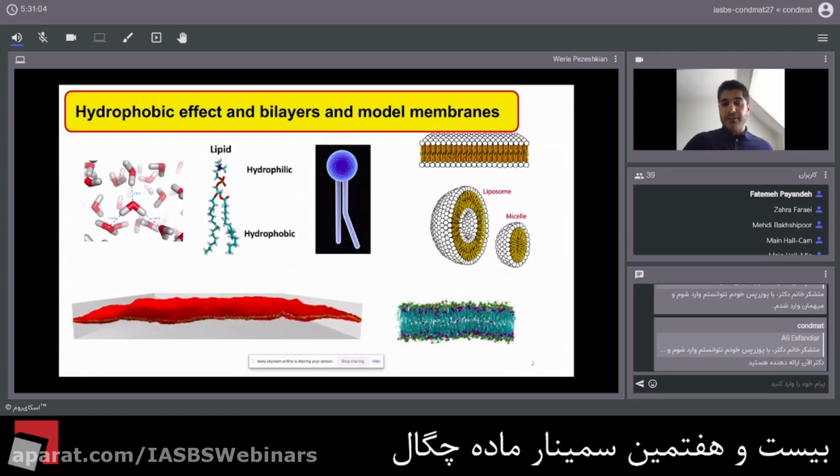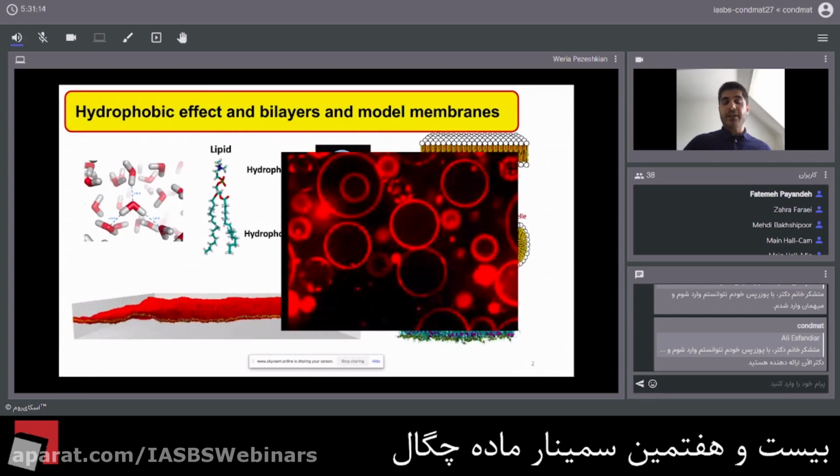And they are fluid, so they can adapt to different shapes; they are not a static structure. The way you see them in experiments, usually from fluorescence microscopy, is as a line. That is what you observe in experimental settings.